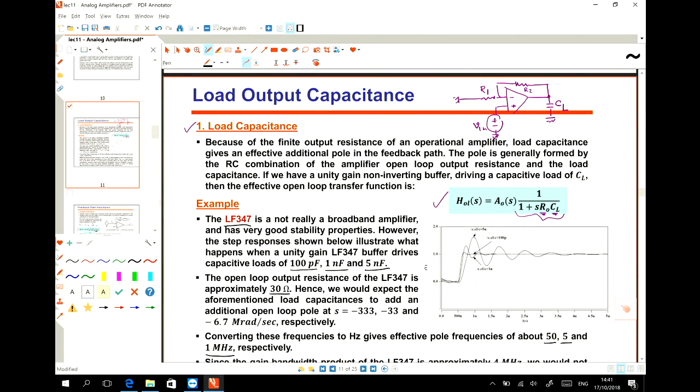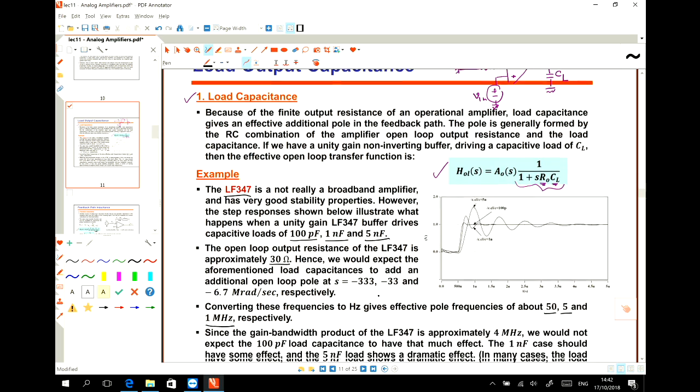If we have a capacitive load, then it can result in instability of our circuit, because then the closed loop gain has another pole, and if this pole is in the region of interest and in the bandwidth that we are working at, then it can change the phase margin, and it can lead to instability.